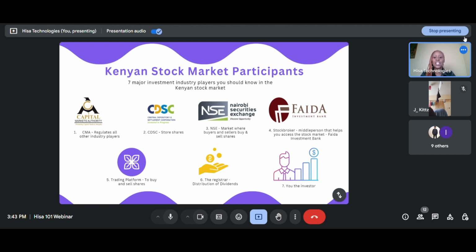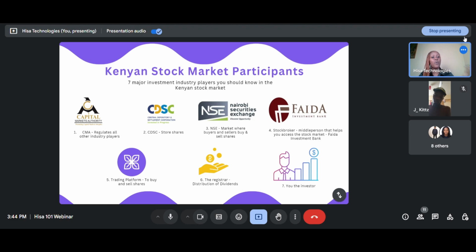Number 2 is the Central Depository and Settlement Corporation, popularly known as CDSC. CDSC is the institution that is in charge of making sure that your shares are properly stored and documented.